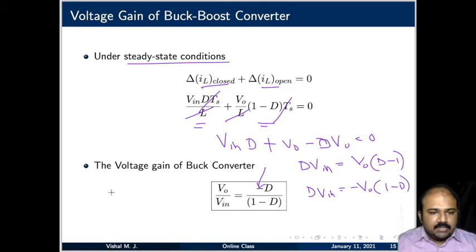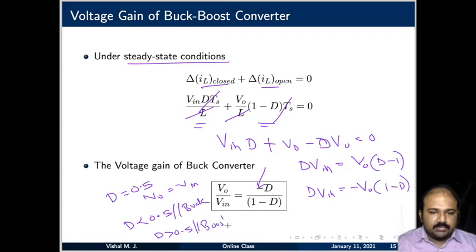See, when d is 0.5, when the duty ratio is 50%, the output V0 would be equal to V in with a reverse polarity. So, there is no transformation. For any value of d less than 0.5, the system works in buck converter mode. For any value more than 0.5, the system works in boost converter mode.